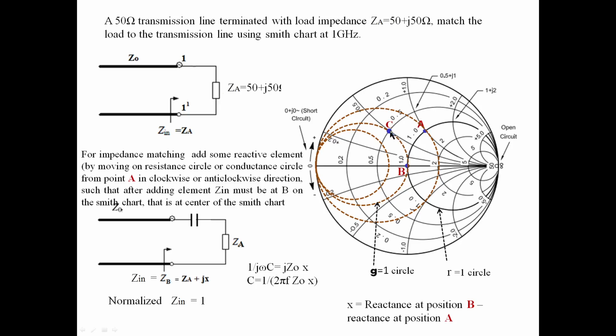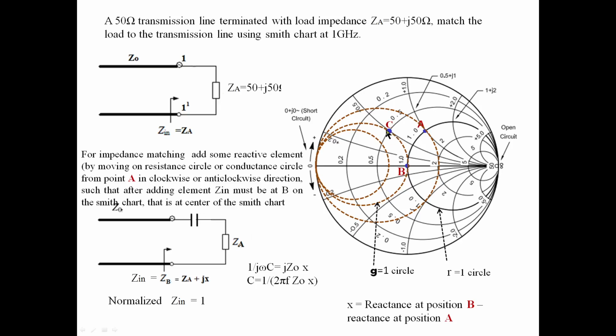So if you move on the G is equal to 1 circle, you will reach the center of the Smith chart. From the R is equal to 1 circle, if you move, we will also reach the center of the Smith chart. So in these examples, the load is here. Moving just on the resistance circle, we will reach here. Series element capacitor added will give the match.